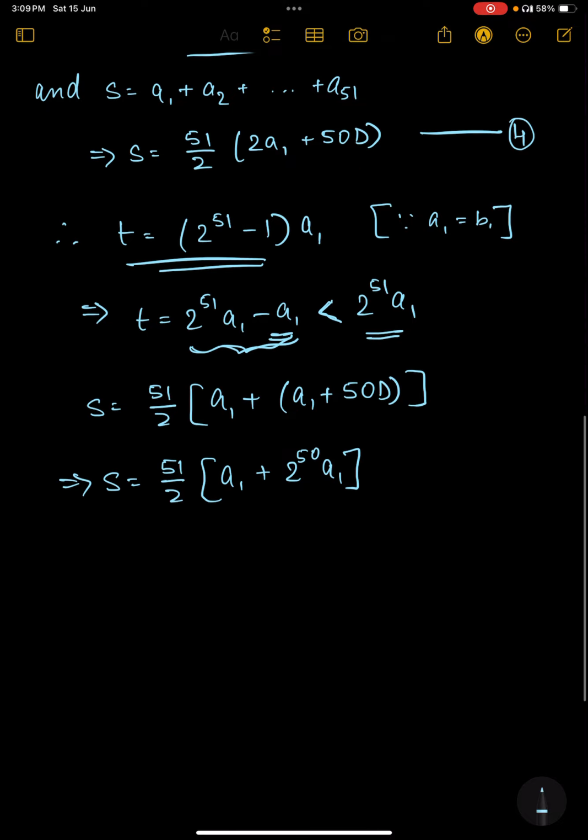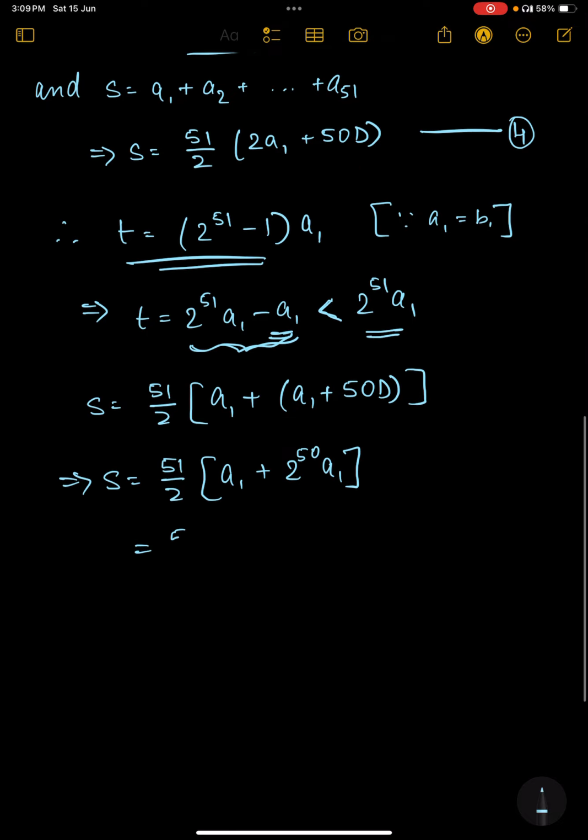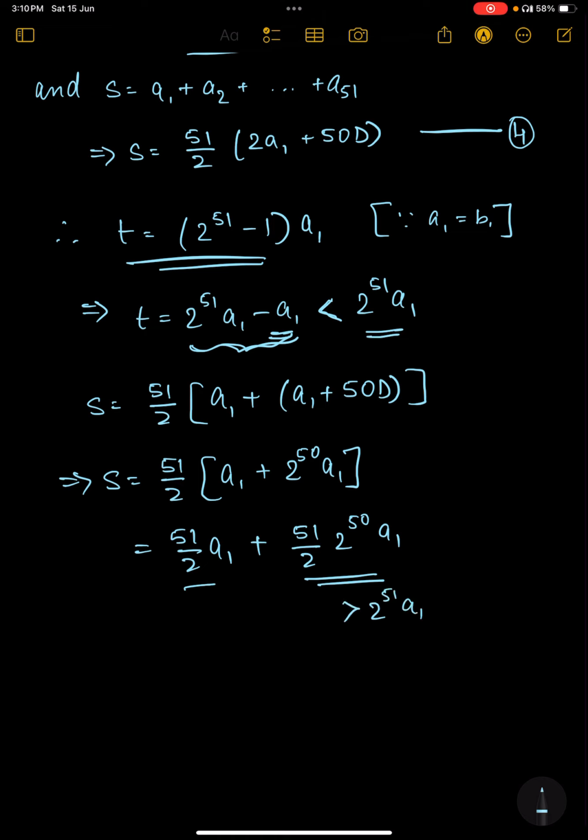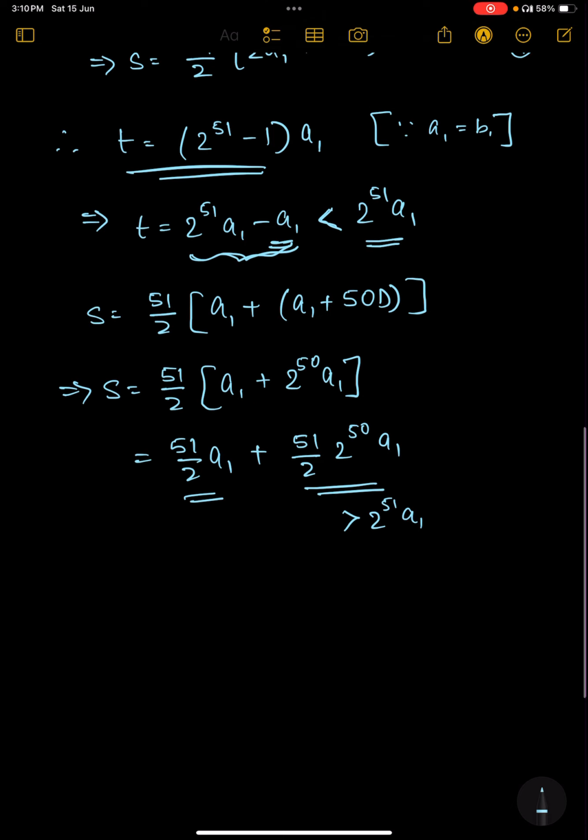Just to elaborate a little more, 51 by 2 into 2 power 50 a1 is definitely greater than 2 power 51 a1, and on that you are adding this. So I can very easily say that s is greater than 2 power 51 a1.